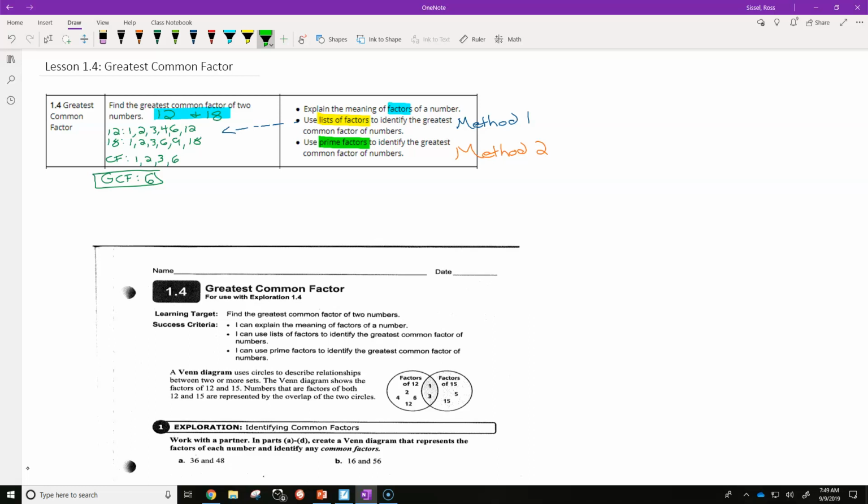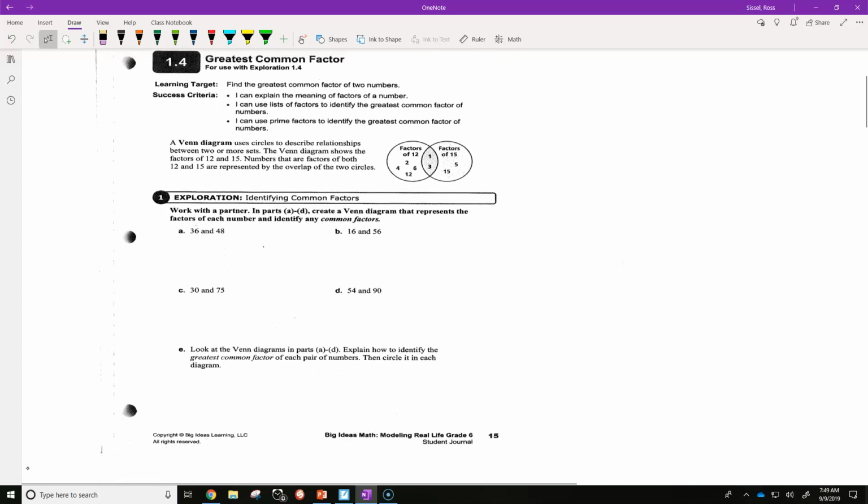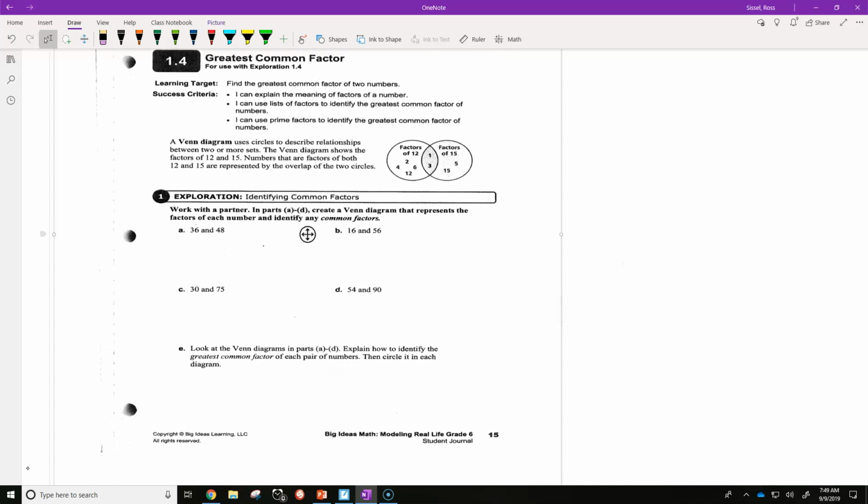Alright, so here's what I want to do. Open up your workbooks to lesson 1.4, greatest common factor. And then we always keep them, since you're silver, in the silver basket.